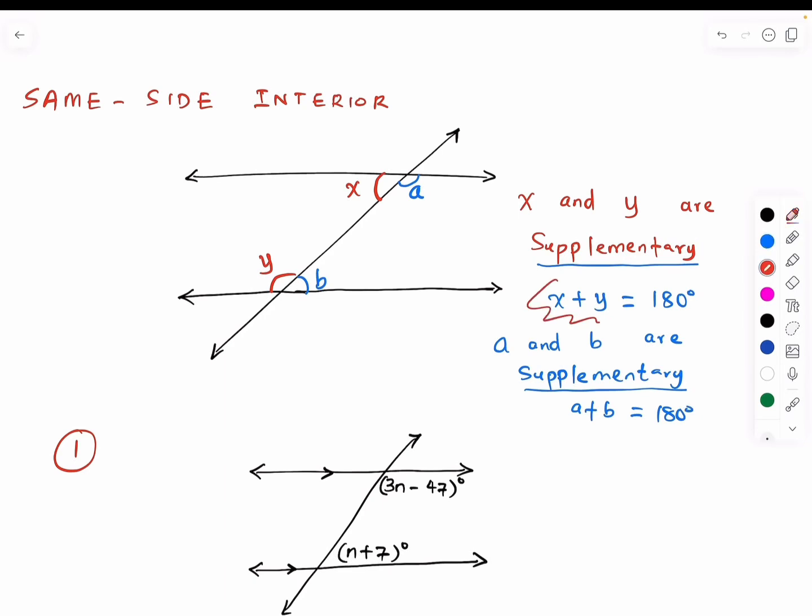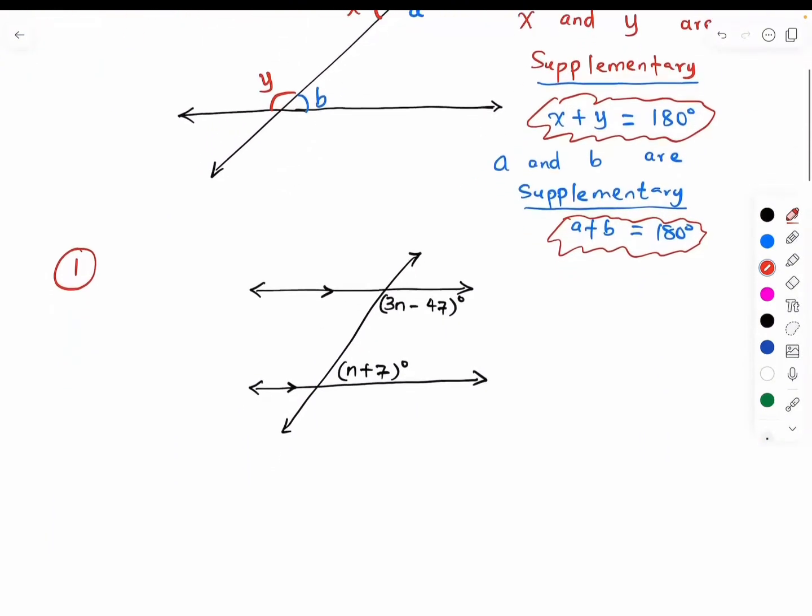Let's keep all of these definitions in mind, and then use the idea to solve this question. The first question I ask myself is, what kind of angle pair is this? You can see this one is inside and the other one is inside too.